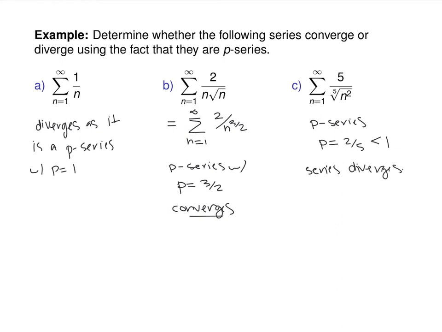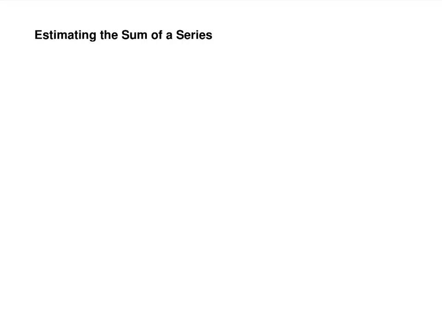You could, say, apply the integral test to all of these functions. What I'm saying is that you can just tell me they're a p-series, you don't have to. Now the next question is, if we know a series converges, we might want to estimate what it actually sums up to. So we know a series converges.